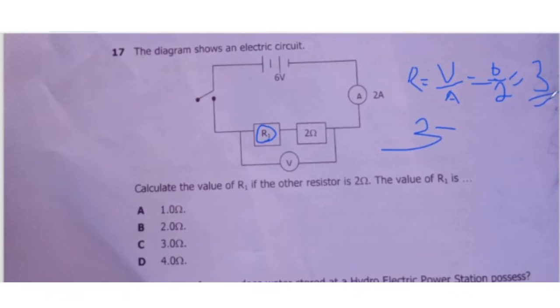Now we find the resistance of this other one by subtracting the 2 from the total resistance, which is 3. The answer is 1. So the value of this other resistor is 1 ohm. That's the correct answer, 1 ohm.